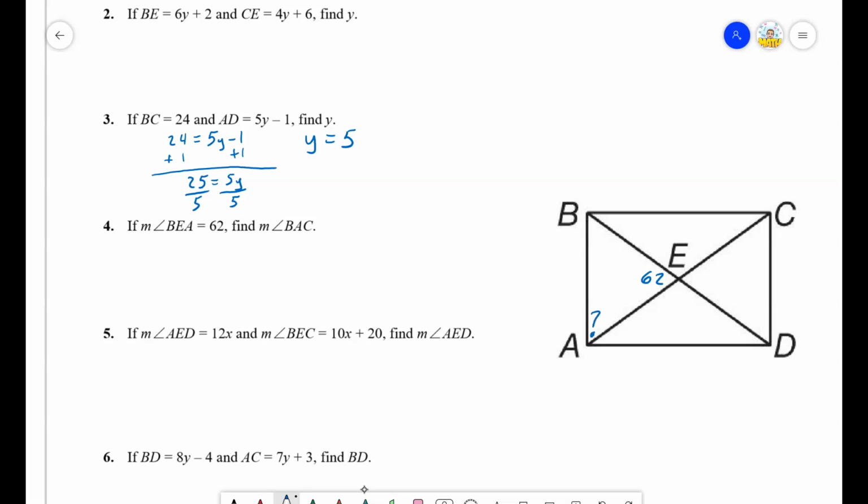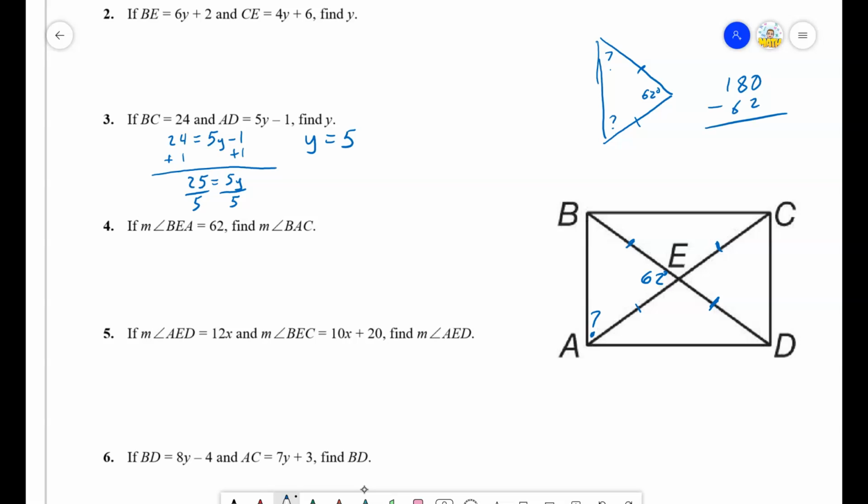But keep in mind, we have an isosceles triangle here, right? All these diagonals bisect each other, and the diagonals are equal to each other. So if I have an isosceles triangle with a vertex angle of 62 degrees, which is what I have, remember that these two base angles are equal. So we would take 180 minus 62, right?